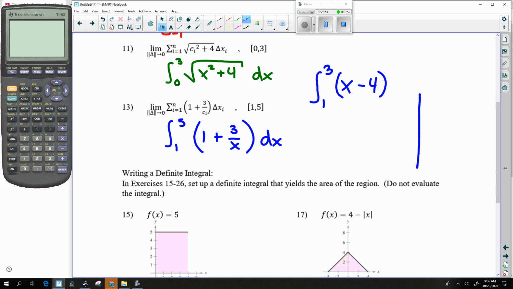And what x minus 4 looks like is a line like such. Okay. Looks like a line. And so what this will do is give the area from 1 to 3.